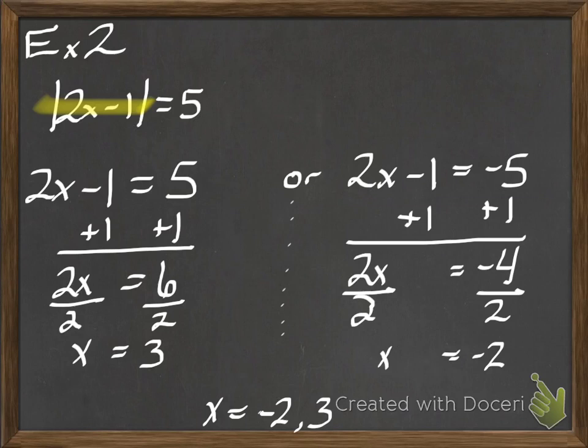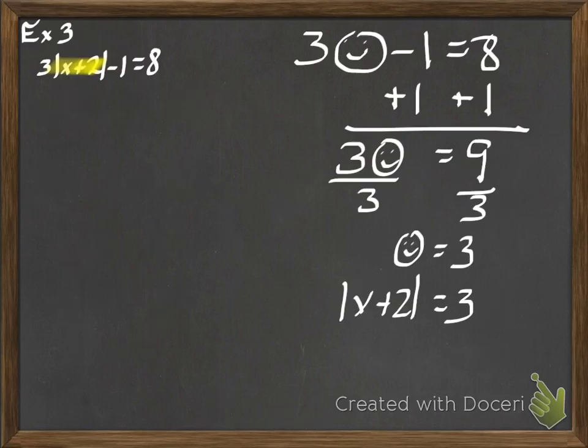Well, that smiley face was just my way of representing that x plus 2. And now we're back to that same problem we had before. So I am going to erase this, and I'm just bringing this information that we found up.